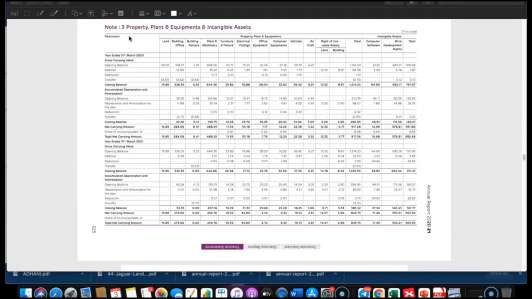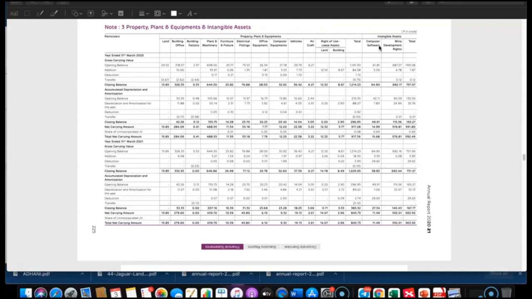This is their note 3, basically the fixed asset schedule, and here you will see this intangible asset. Their intangible assets are basically the computer software and mine development rights. And what we'll do, we'll remove this computer software, whereas this mine development rights, since it can be transferred to some other person, it will fetch even in the event of liquidation.